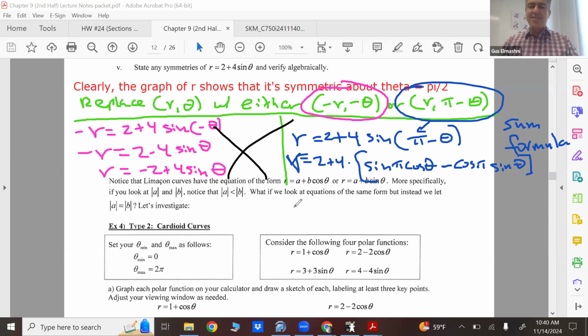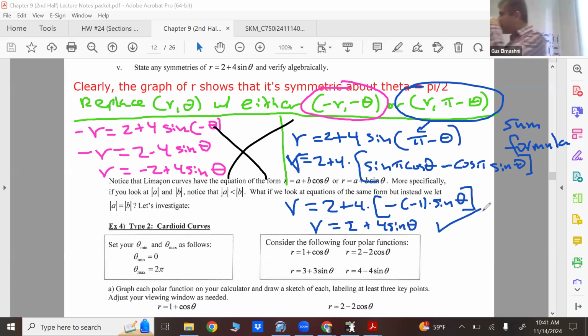Okay, 2 plus 4 times. Now, what's sine pi? Zero, it goes away. What's cosine pi? Negative 1 times sine theta. See, it's not too bad. What's negative times a negative? Boom, got it. Now it's verified.